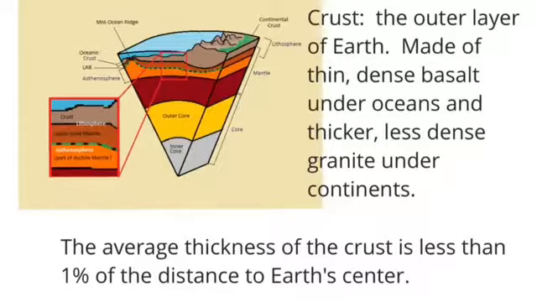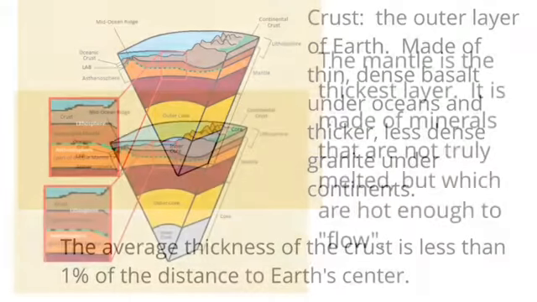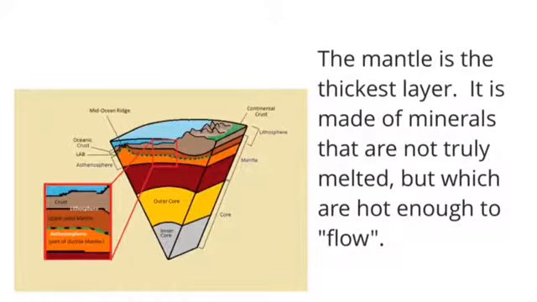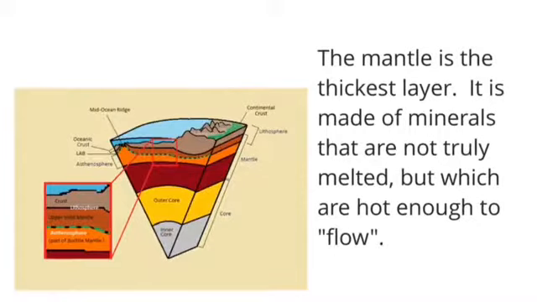And usually you find the basalt, which is quite thin and very dense, under oceans, and then the granite, which is less dense and thicker, is found under the continents. Even though the crust can be quite thick in areas, it's really only about 1% of the total size of the Earth. If we go down below the crust, we find the mantle, which is the thickest layer.